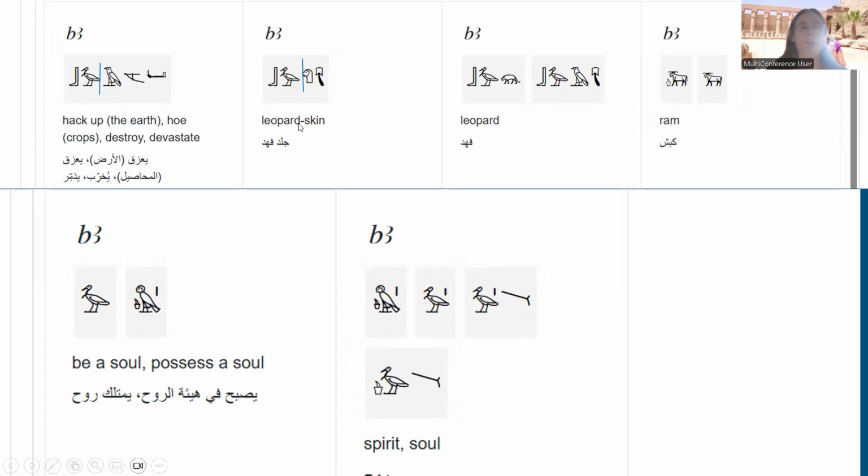So these are from the step-by-step site from the dictionary tab, and this is if you put in the transliteration for ba. It can function as a verb, it can function as a noun, and it just depends on what you want to do with your sentence.